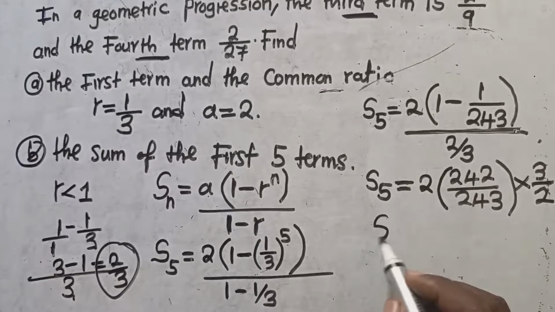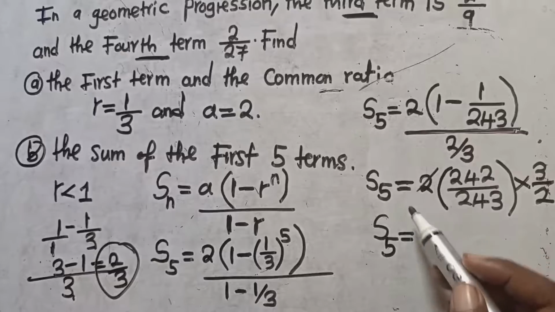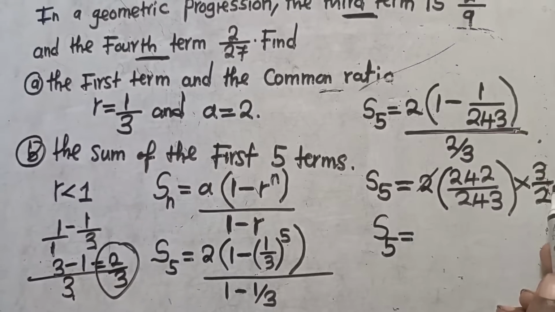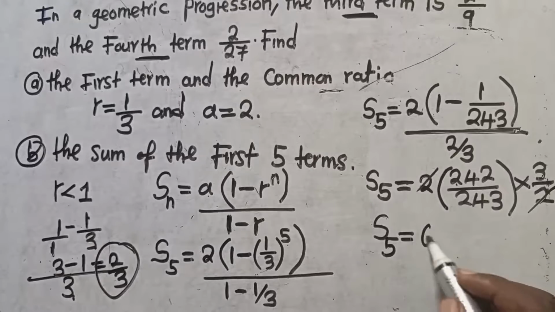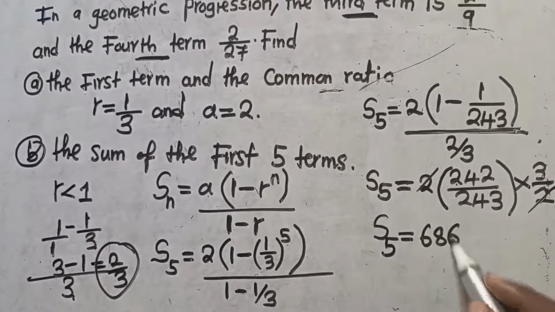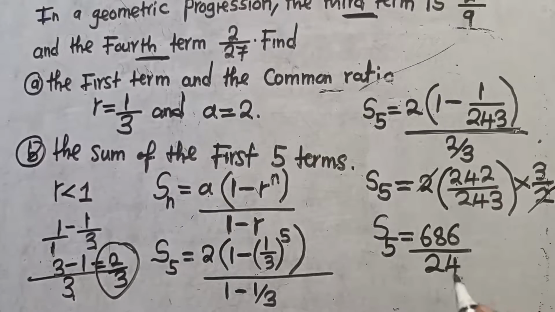The 2 that is there can cancel out with the other 2. Have you seen? These 2 can cancel out. Multiplying this times that, I'm going to have 686 over 243. This is the answer that I'm going to have.